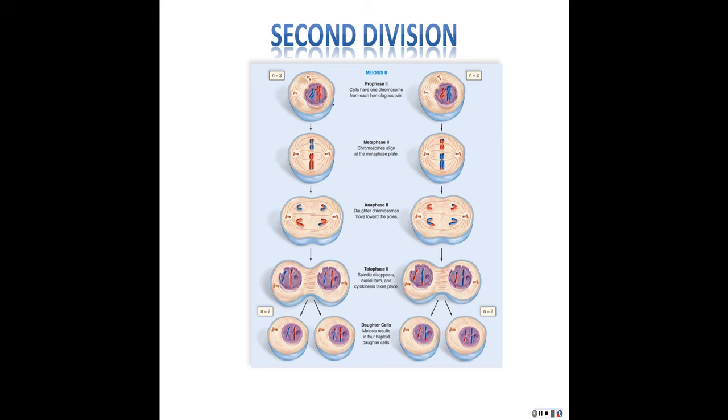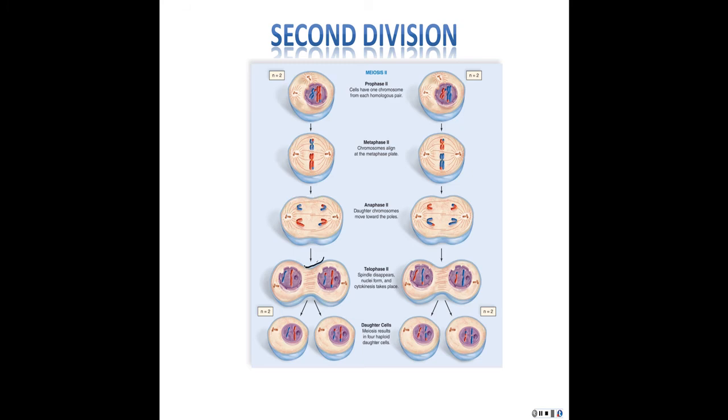Okay, so prophase 2, the chromosomes condense. Metaphase 2, they line up on the metaphase plate attached to the spindle. Anaphase 2, the sister chromatids separate.